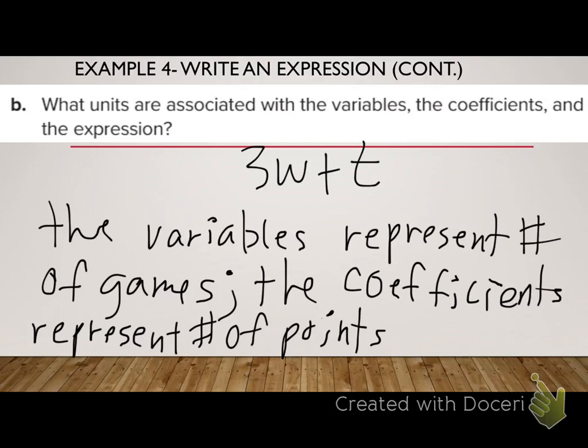The coefficients represents the number of points per game. And then for the last part, the expression is representing the total number of points that each team gets overall. Does that make sense? Any questions on letter B?